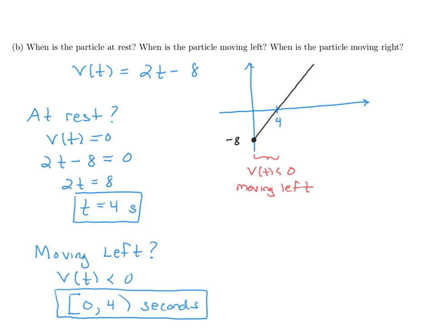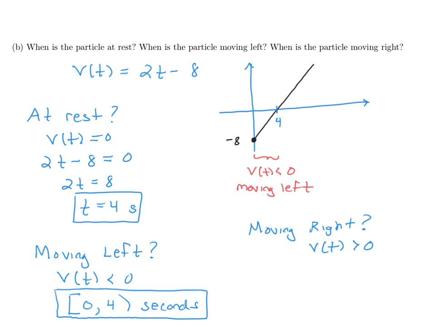And the last part is moving right. When does that occur? Again, I'll be careful to note that this is when the velocity is a positive value. So this is when my velocity is positive. We record down the values of t for which this happens. This is starting at but not including 4, moving towards positive infinity.